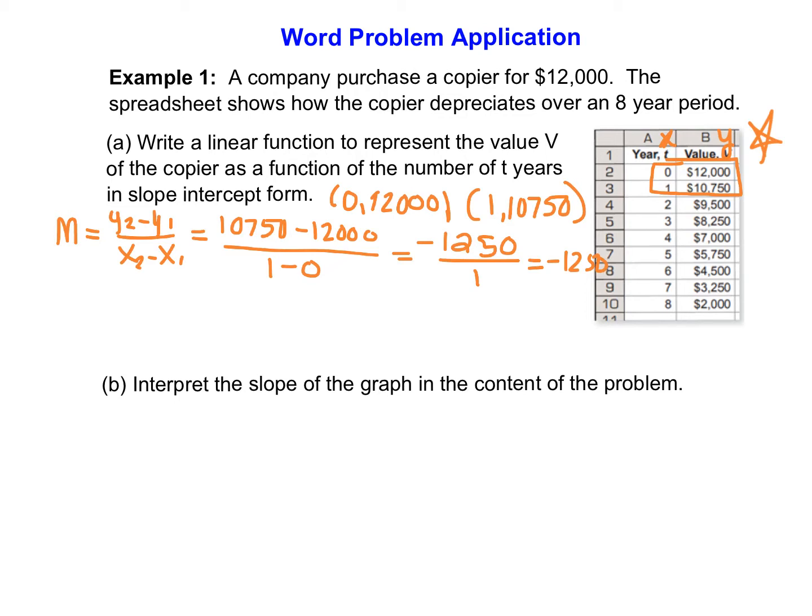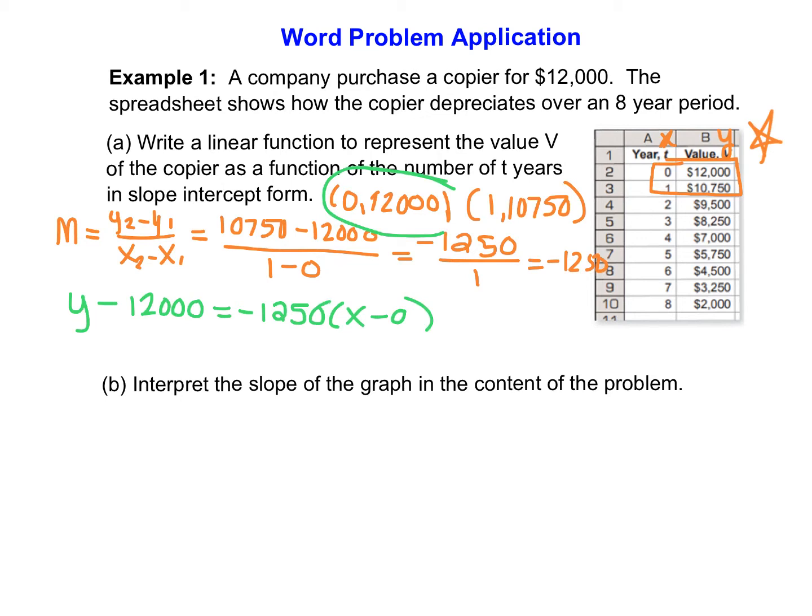So now that we have our slope, we can move forward and write our equation. And remember, to write our equation starting in point-slope form, we need to pick a point. I'm going to pick this point here because I think 0 makes it look like it would be a pretty easy problem to solve. So we do y minus our y-coordinate of 12,000 is equal to negative 1250 times in parentheses x minus 0.